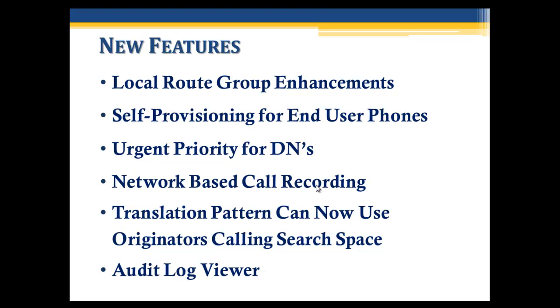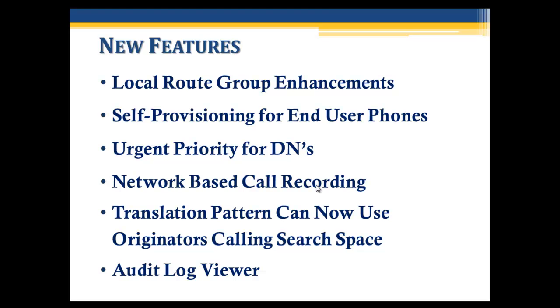The translation pattern now owns the call. It becomes the source. So therefore, it needs a calling search space, a separate set of permissions, to be able to continue forwarding the call to the end user phone. So that's 2 sets of permissions, 2 calling search spaces. One for the originating gateway, the second for the translation pattern.